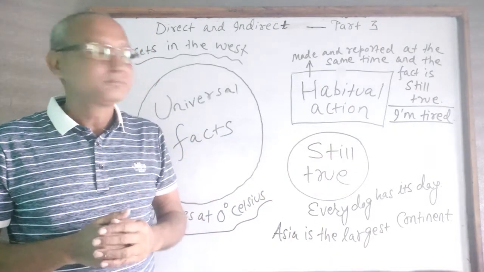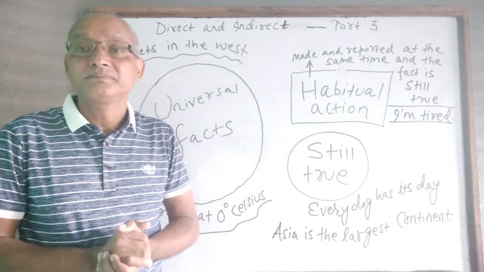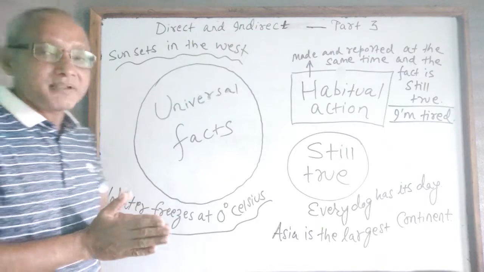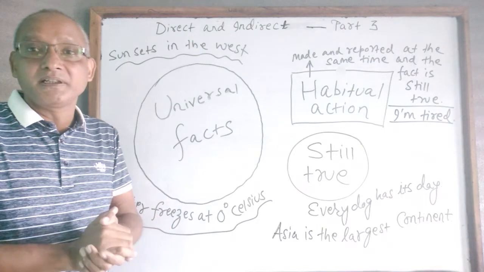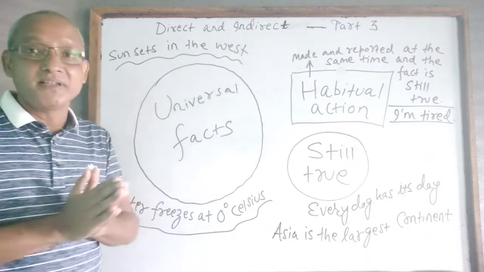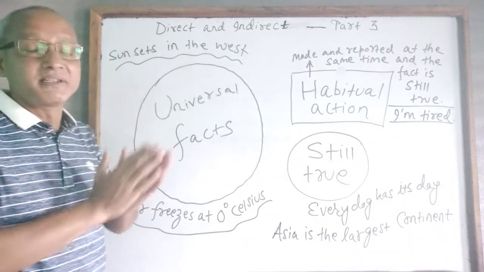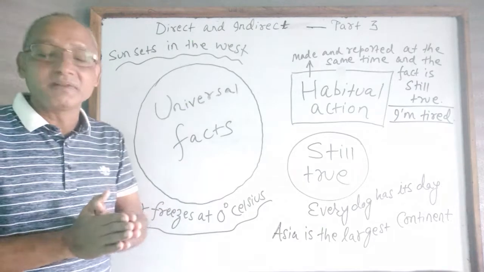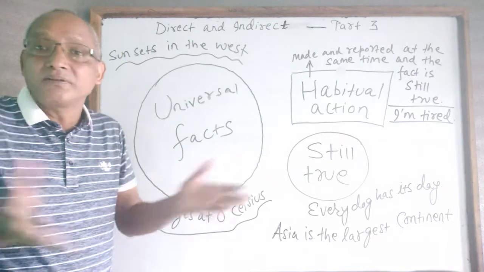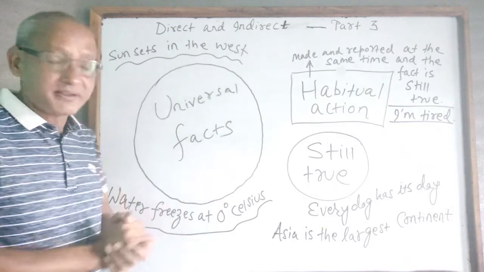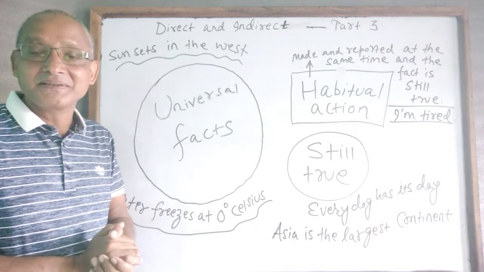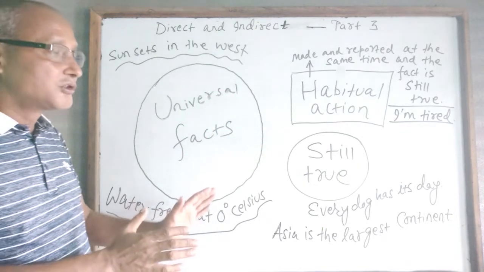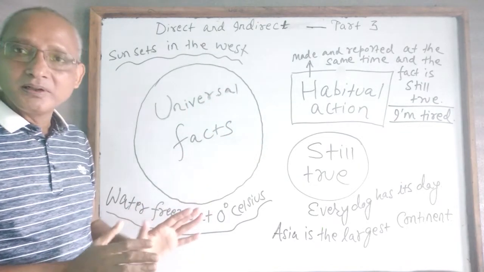He says that he is tired. Sun sets in the west. I don't think anyone can now change the sun setting in the east. It's a universal fact. Water freezes at 0 degrees Celsius. I don't think anyone can say that water freezes at 100 degrees Celsius. So these are the universal facts. Habitual action, still true.